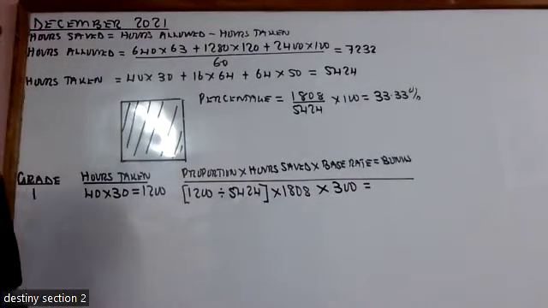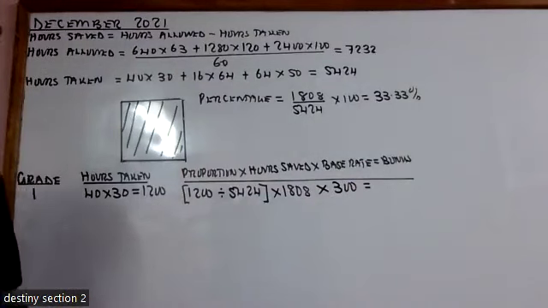Let's come to grade 2. Grade 2 had 16 workers, each working 64. So 16 times 64. Tell me how many hours are those ones? 1024.